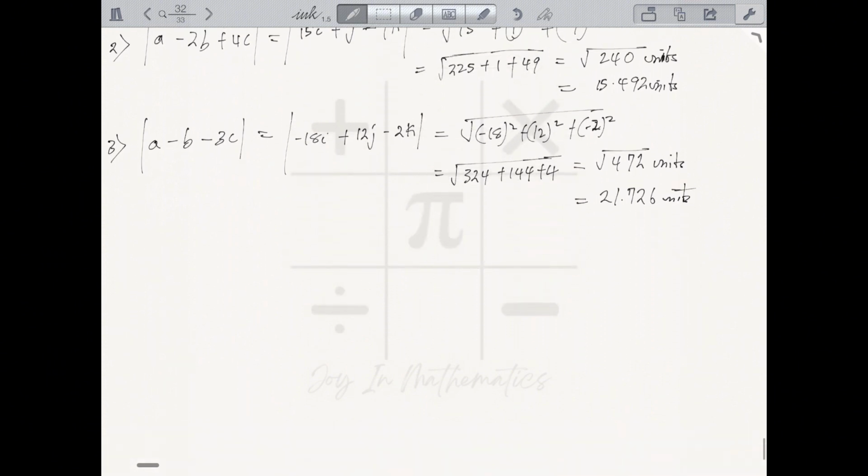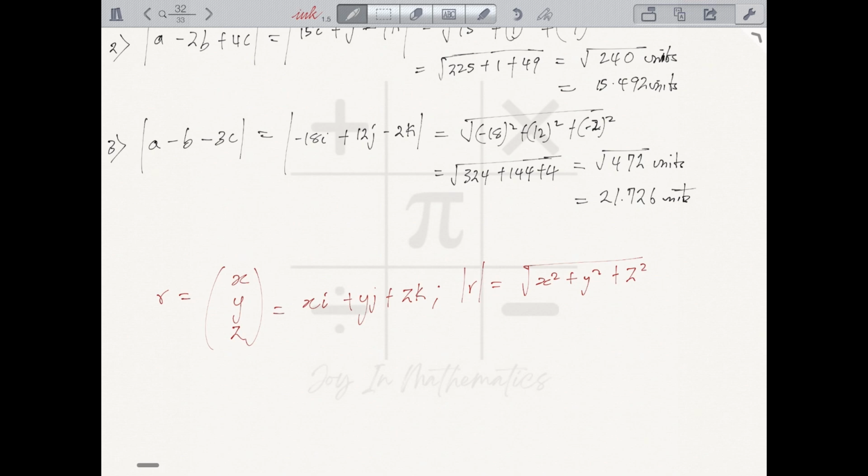So in conclusion, if we have R as a column vector of x, y, z, this column vector can be written in component form of unit vectors as xi plus yj plus zk, and the magnitude of R will be equal to the square root of x squared plus y squared plus z squared.